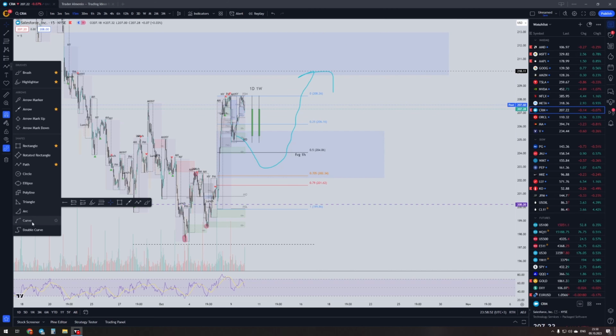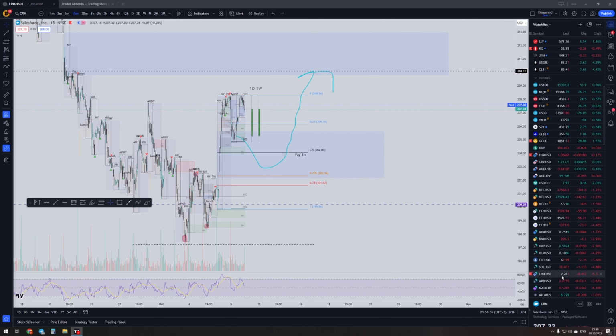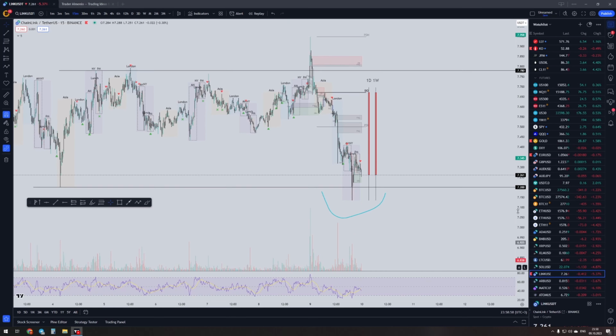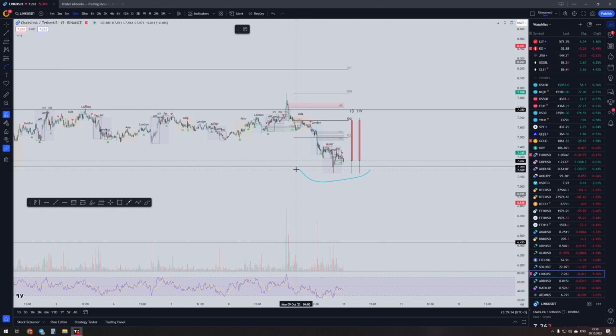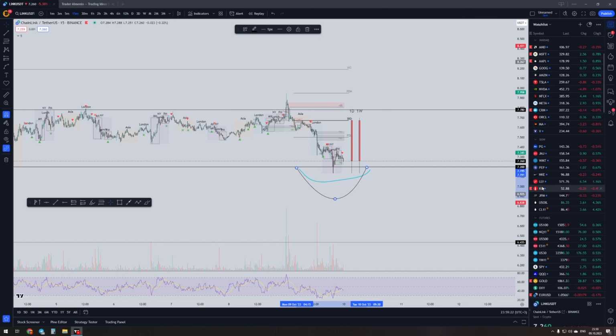Also I'm using the curve just to identify, when I'm in a range, a deviation, or a cascade, consolidation. Let me show you, something like this, just a nice picture. That's it. You can just mark it with the brush anyway, but it looks better when you do it with this instrument.